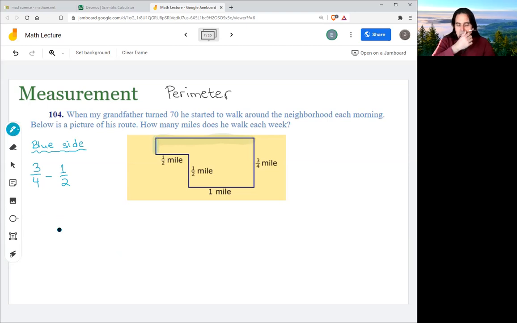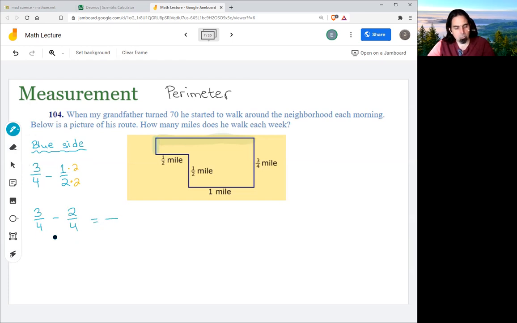Okay, fraction subtraction. Now the people that wanted common denominators before get to do that. So it looks like fourths will work. If I do it to the bottom, to be fair, I have to do it to the top. And I get 3/4 minus 2/4.